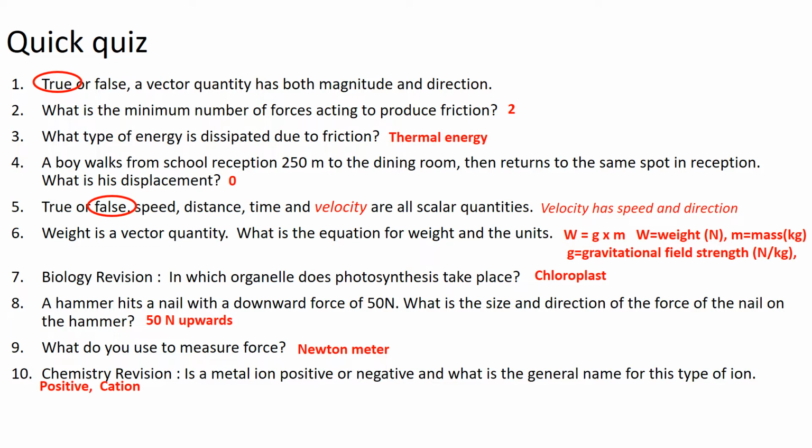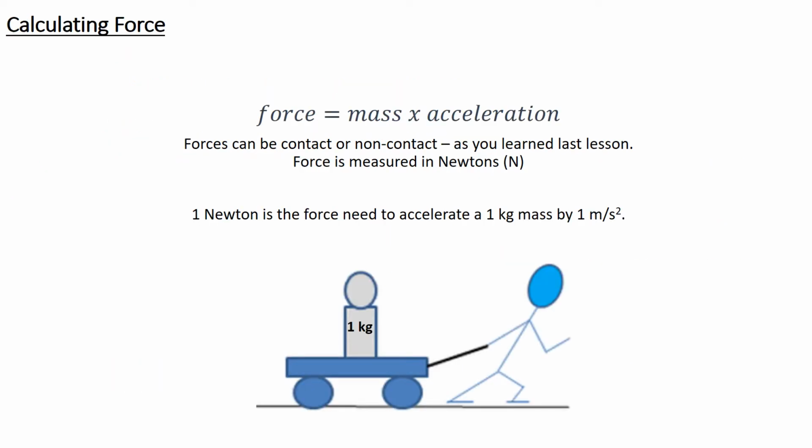Anyway, let's move on. So, calculating a force. The equation for today, which we're all going to love, is force equals mass times acceleration. Forces can be contact or non-contact forces, as we talked about yesterday, and forces are measured in newtons. Those are the 3 bits of information we need to hold on to. 1 newton of force is the force needed to accelerate 1 kilogram by 1 metre per second squared.